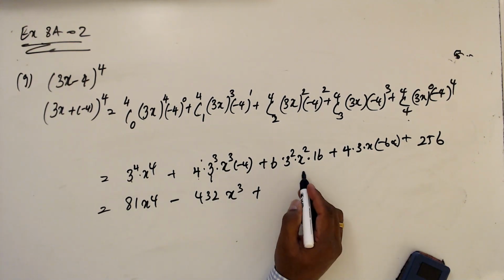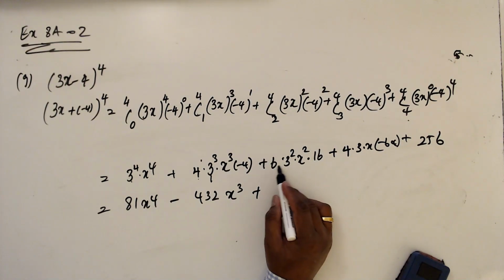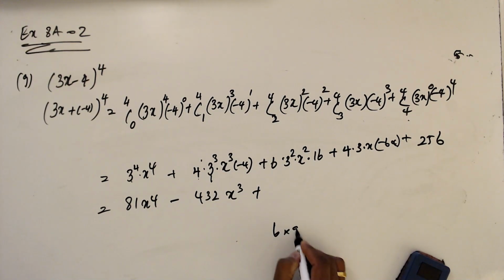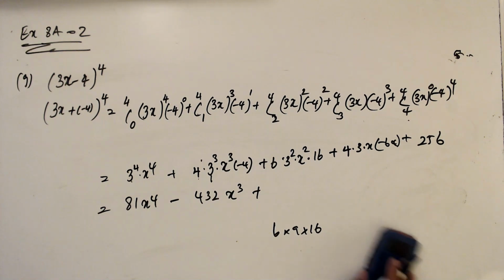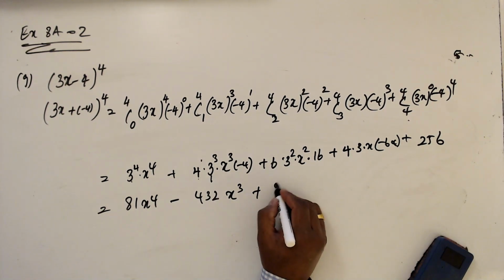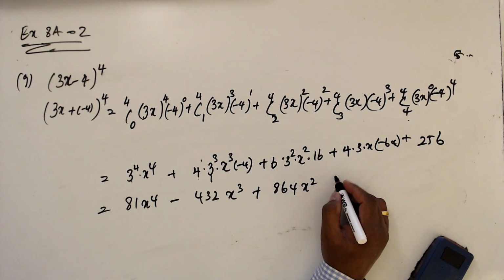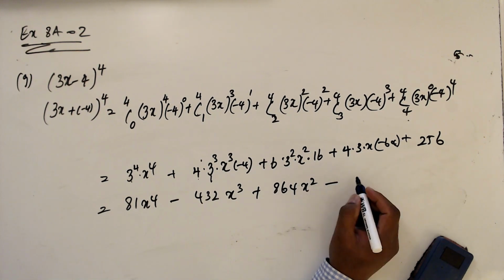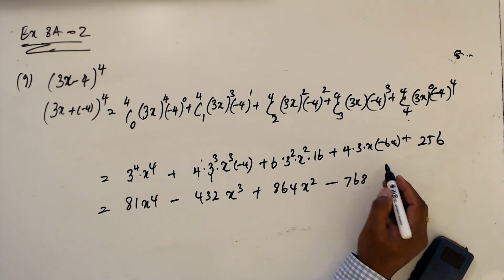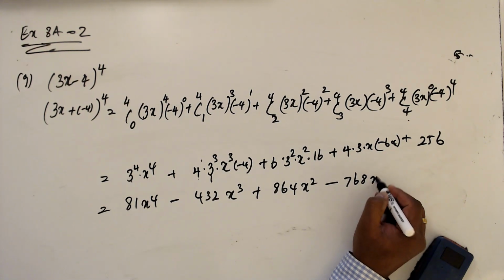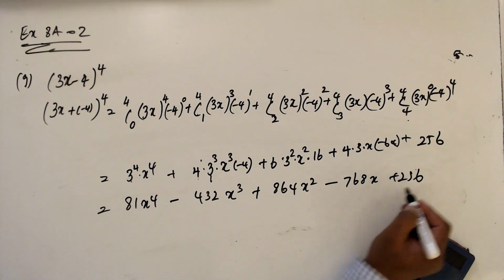When you multiply 6 times 9 times 16, you will get 864 x squared, and this is 768 x, plus 256.